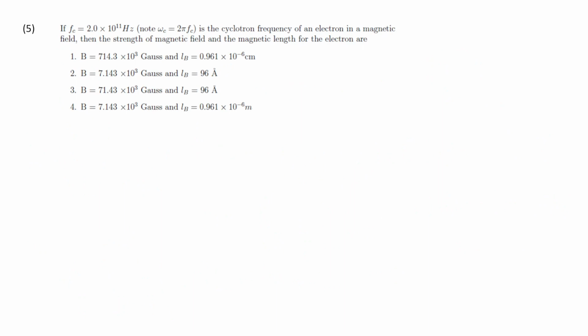Let us try to do this problem. Here it has been given the cyclotron frequency of an electron in a magnetic field. For an electron in a magnetic field, the cyclotron frequency omega c is given as eB by mc.